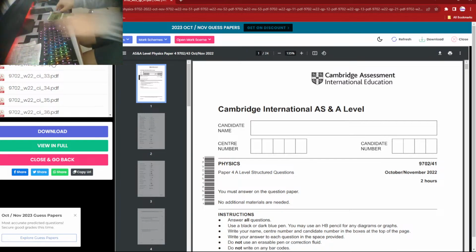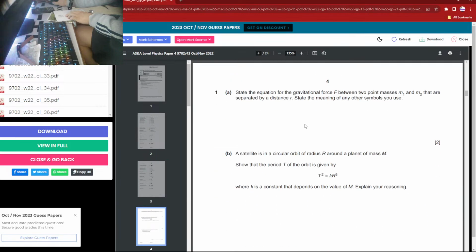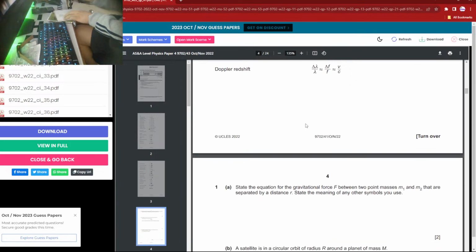I have 1 paper left. I need to find more paper, or I need to be very wise about the space I'm using. Okay, we'll start with 9702/41/N/22. For today, I might just do one paper only, because 2 papers per day does get quite mentally exhausting.